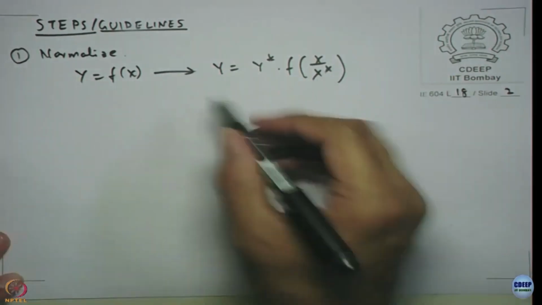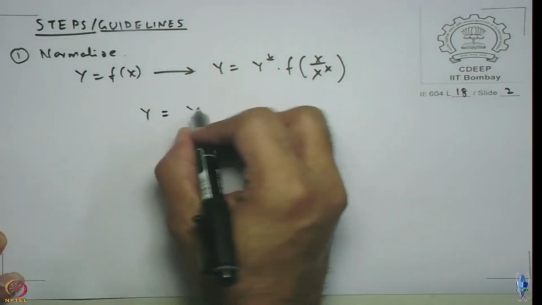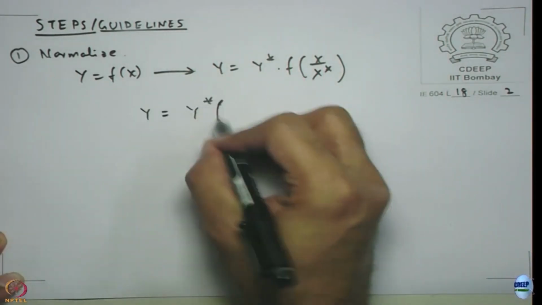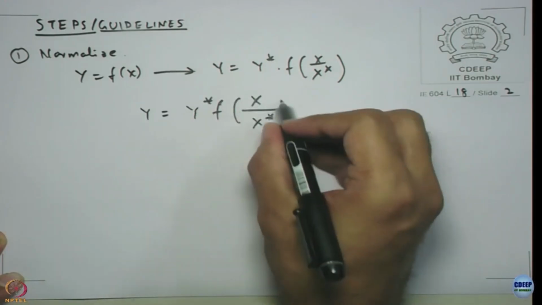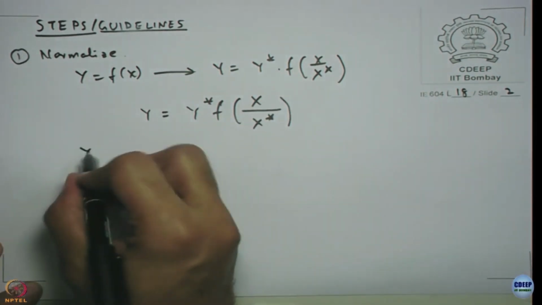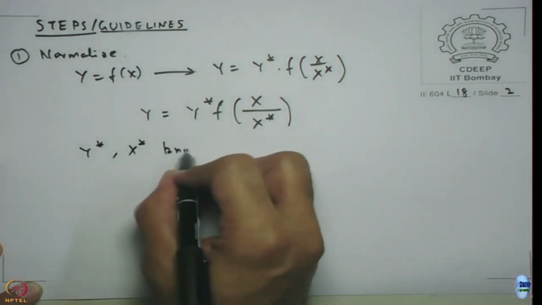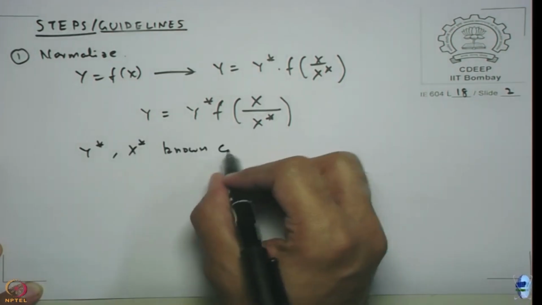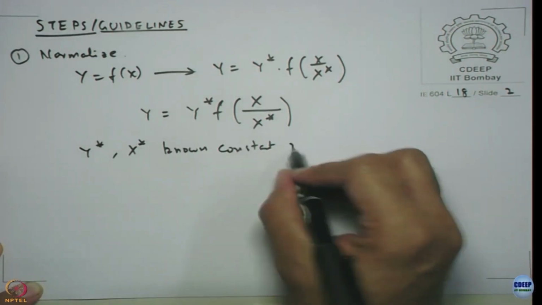This didn't come out properly, so let me rewrite it properly: y equal to y star times function of x divided by x star. In this case we are assuming y star and x star are known constants and they serve as our reference values.